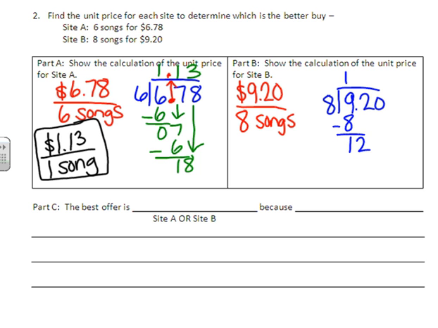Subtract. 8 goes into 12 one time. And 8 goes into 40 5 times with none left over. Here's my decimal point, so I'm going to put a decimal point right above it. So that would be a unit rate of $1.15 per 1 song.